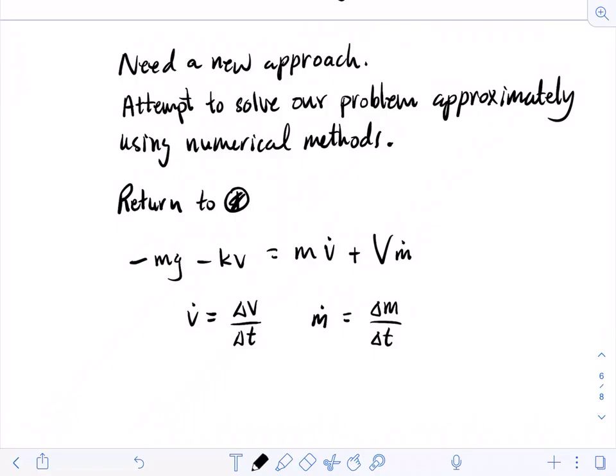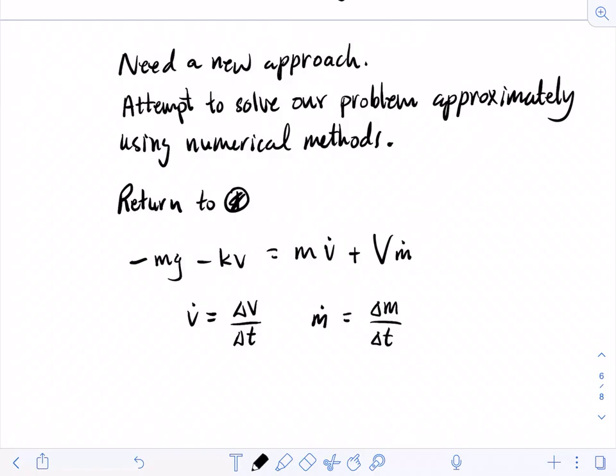And so the reason that our solution is going to be approximate is because we're going to choose some step sizes. An exact derivative, an exact value for v dot, for example, is you would plot v as a function of time, and at whatever time you're interested in, you draw a tangent line to that curve, and the slope of that tangent line is v dot.